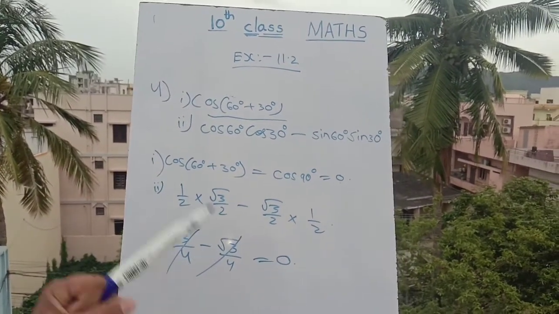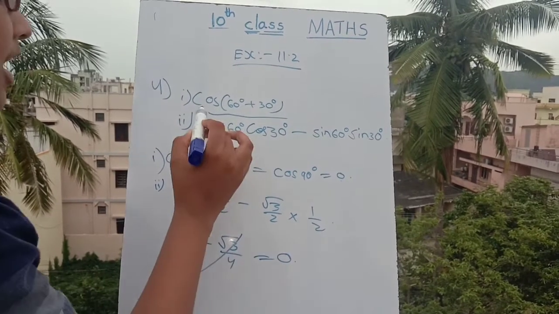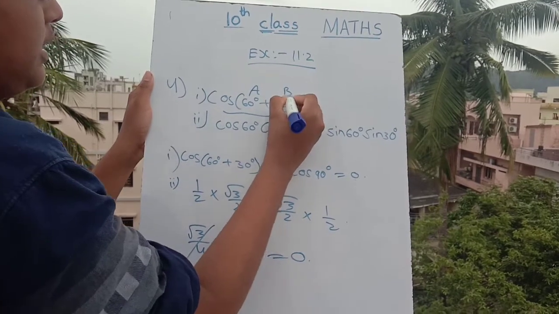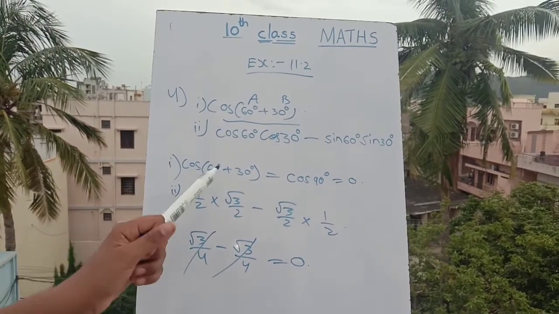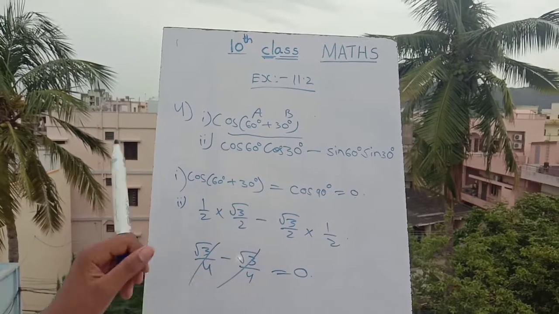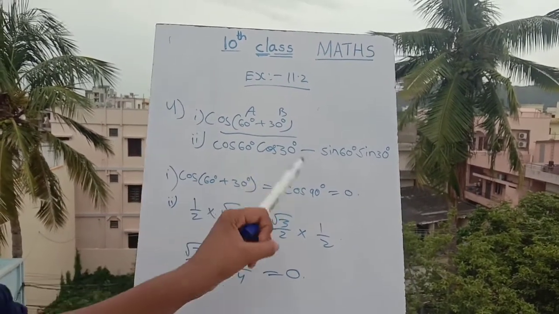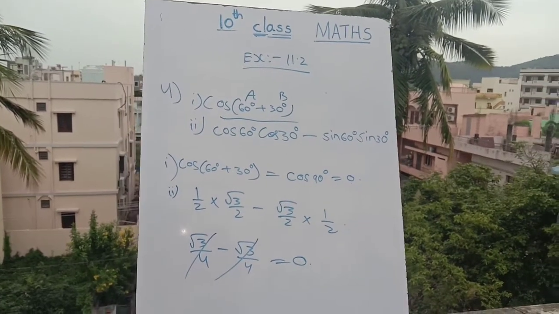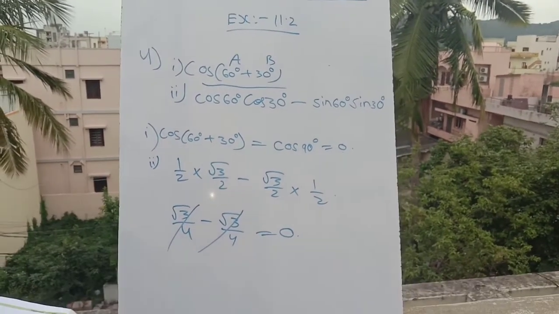From this we get a conclusion: if we take 60 degrees as A and 30 degrees as B, then according to the formula, cos of A plus B is equal to cos A cos B minus sin A sin B. This is the final conclusion we can get.